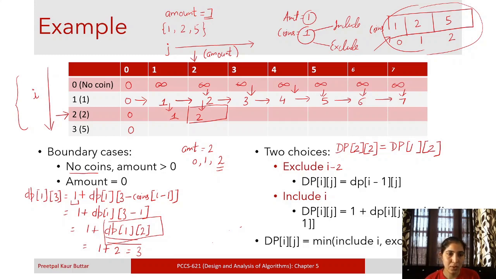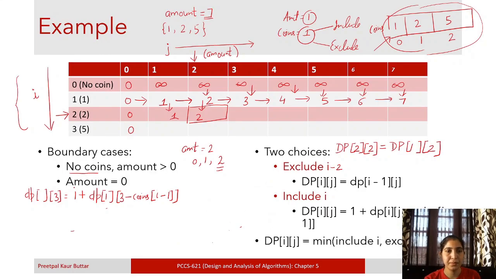Okay, so now let me erase these things. Coins: 2 rupee coin, and amount 2.